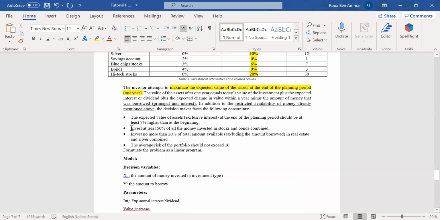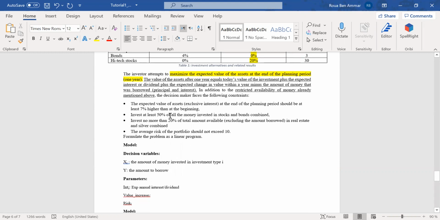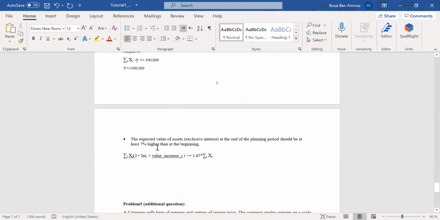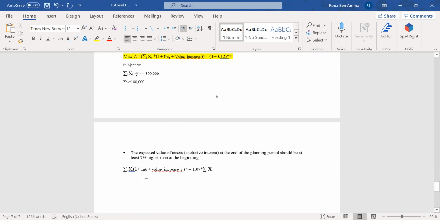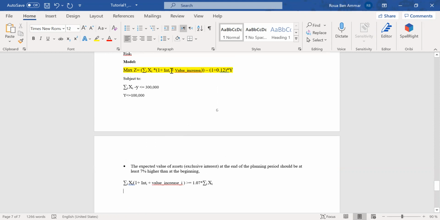We should invest at least 50% of all the money invested. Yes, I didn't understand why we should include the interest, because normally we add only the value increase. No, I already corrected it. The value increase also includes the interest generated by that asset. It's going to increase in value, but it's also going to generate interest.